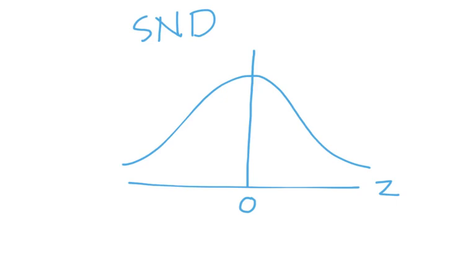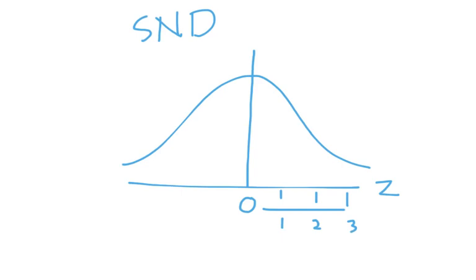When you start from 0 and go to the right, you go to the positive side: positive 1, positive 2, positive 3, and so on.